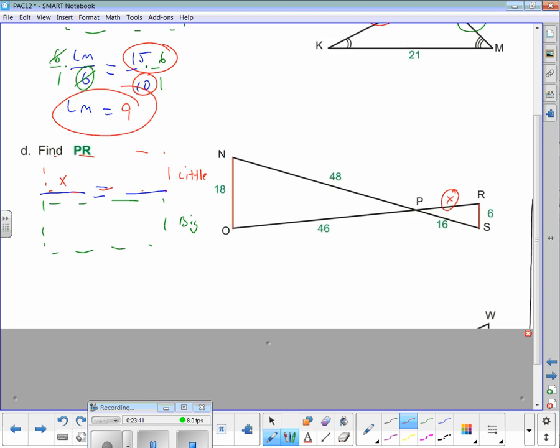The way you're going to determine it is which side is bigger, that one or that one. And hopefully you said the 16 is bigger than the P to R. The P to R is the smaller one. So therefore, you're going to use the 46.